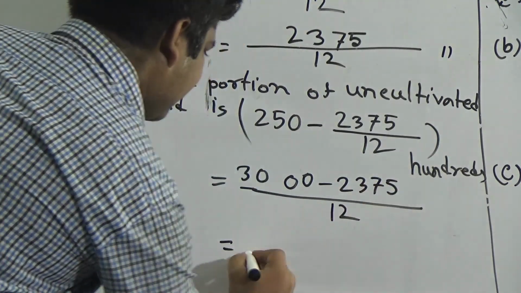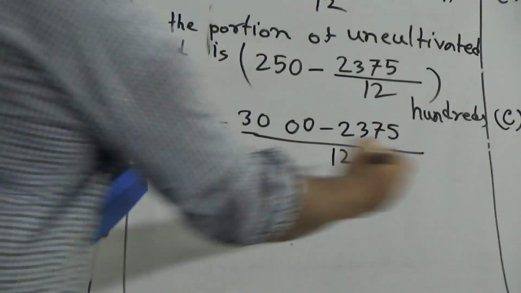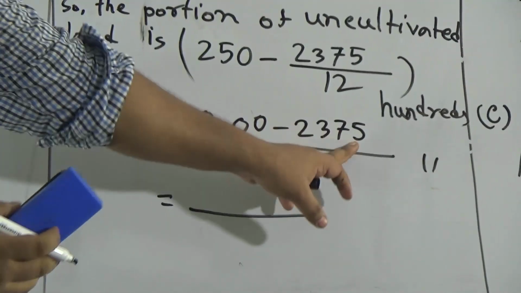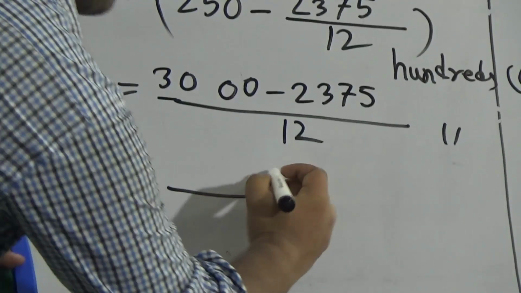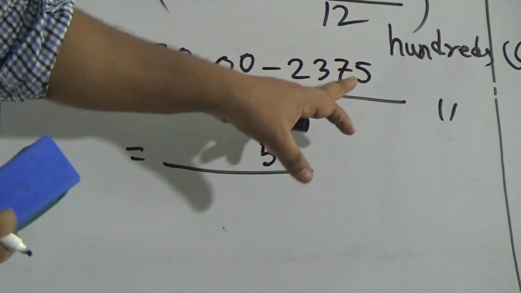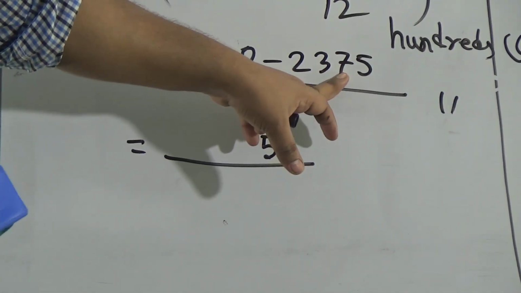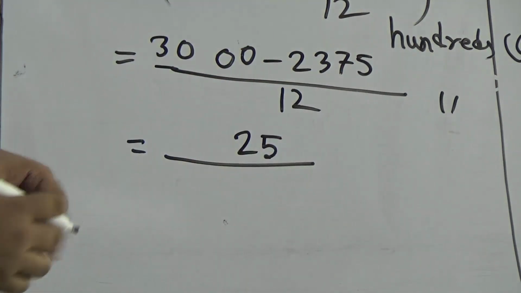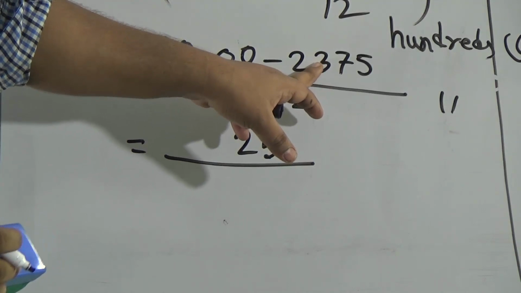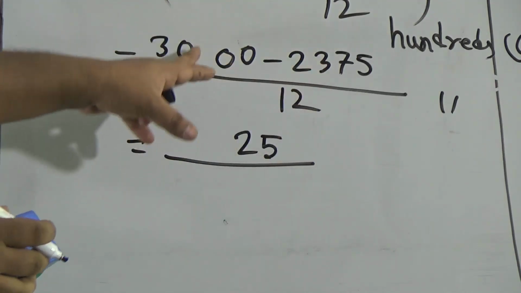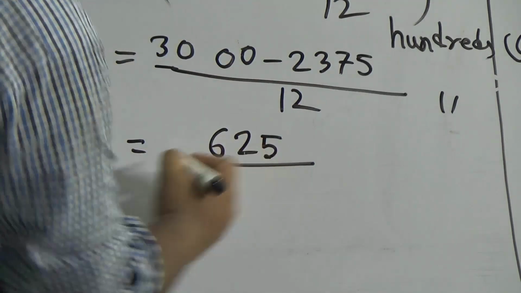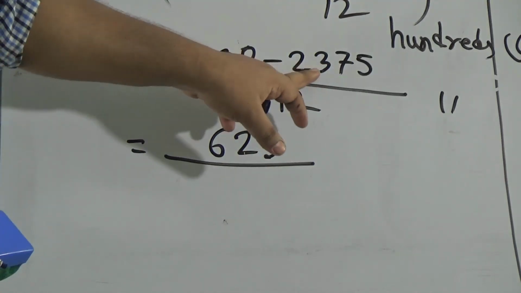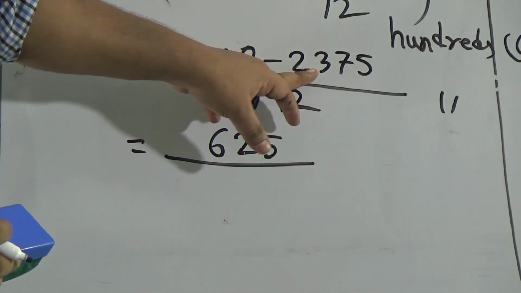2375. Here you notice, 7 to 10, it will be 5, carrying one, this one is added with 7, it will be 8, 8 to 10, it will be 2, carrying one, and this one is added with 3, and it will be 4, 4 to 10, it will be 6, carrying one, this one is added with this 2, and it will be 3.